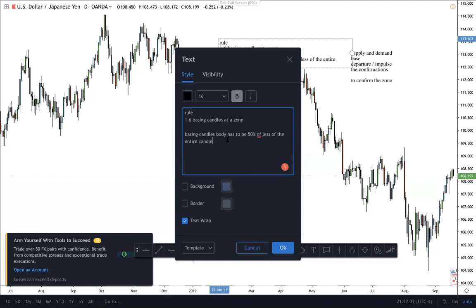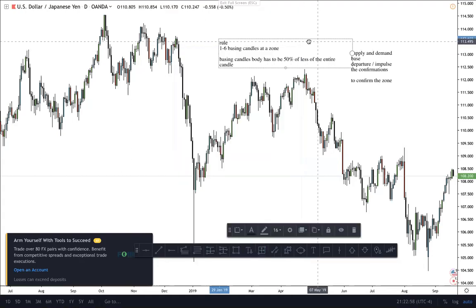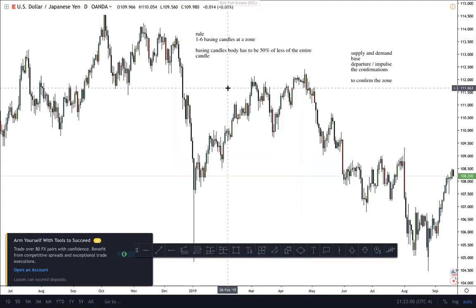This is for when it's more than one candle. Sometimes when it's just one candle, and that's only when it's at a valley or a peak, it might be a little more than 50%. So the basing candle body has to be less than 50% of the candle.